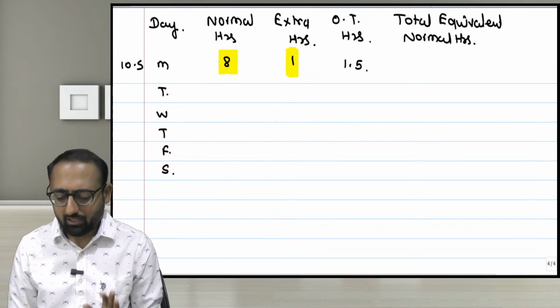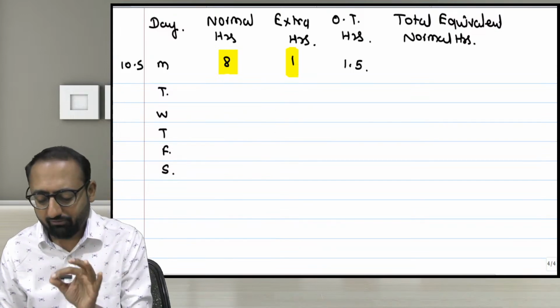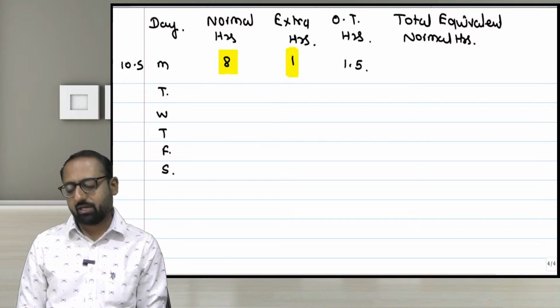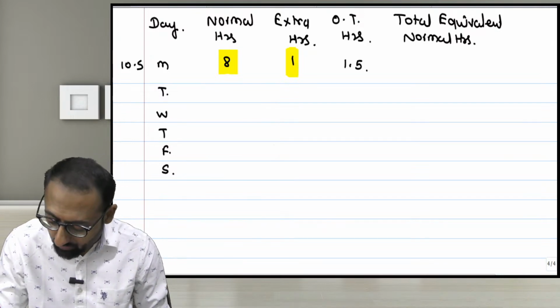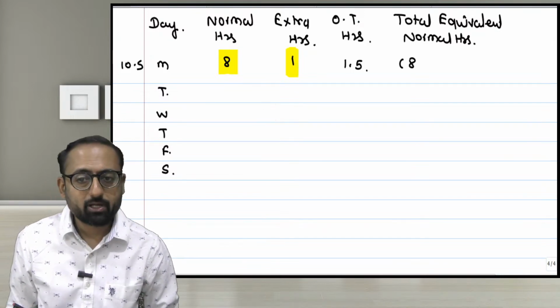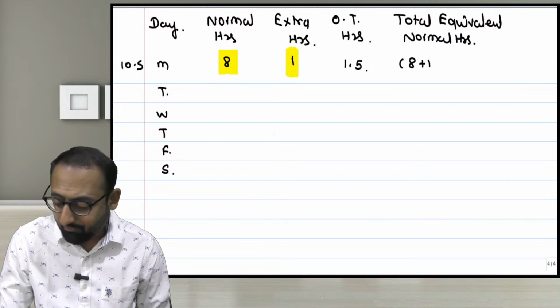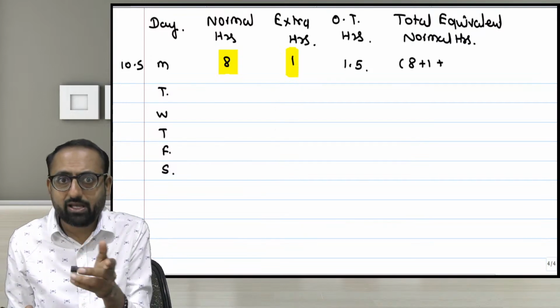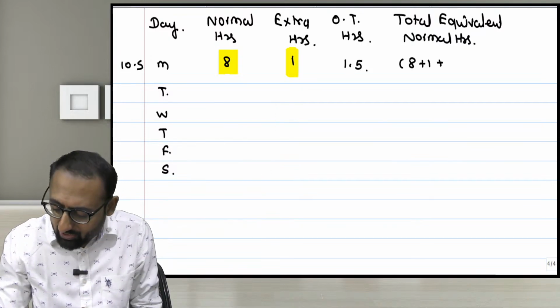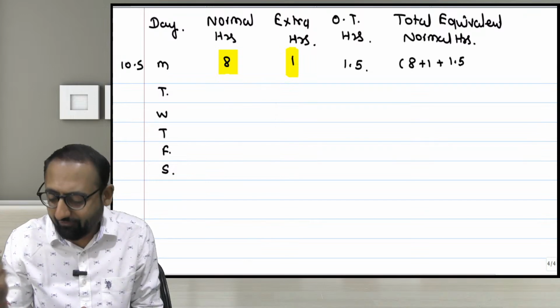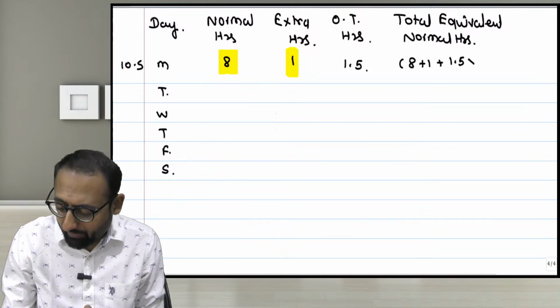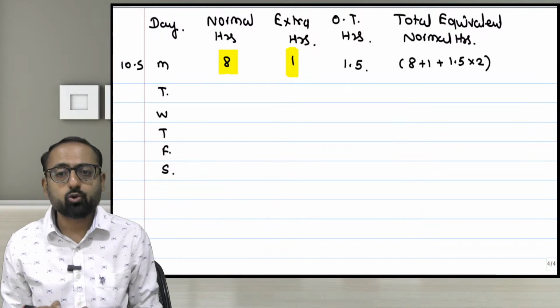Now what will be the total equivalent normal hours? Very, very simple. 8 will be the normal hours, 1 will be the extra hour for which you are not going to get any premium. Next, the overtime hours will be 1.5, so 1.5 multiplied by 2. Why 2?